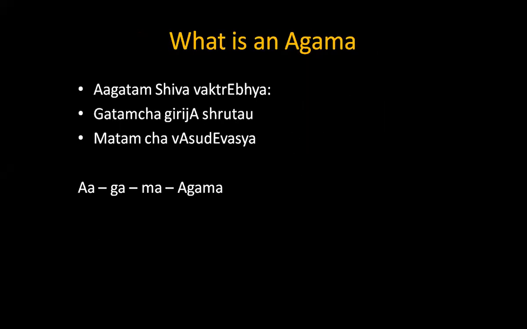So what is an Agama? A basic formula that is usually given is: Agatam Shivavaktrebhyaha, Gatancha Girija Shrutau, Matamcha Vasudevasya, Agama iti Shrutau. Agatam Shivavaktrebhyaha: it is usually told by Shiva. Vaktra is mouth, so Agatam is come from Shiva's mouth. Gatancha Girija Shrutau: it is listened to by Girija, or Devi, Parvati.